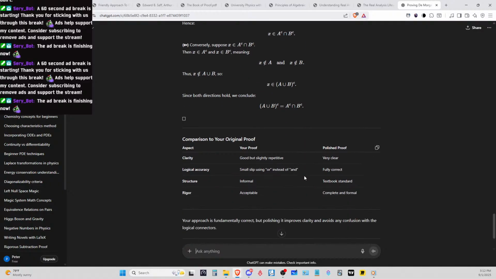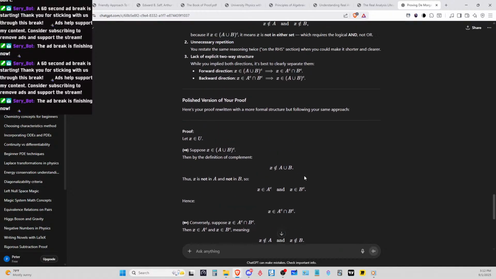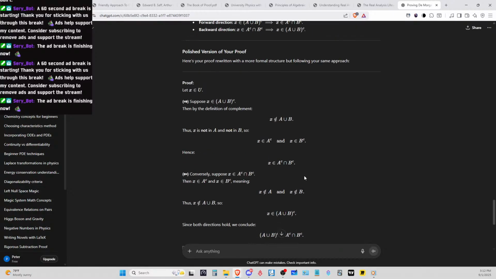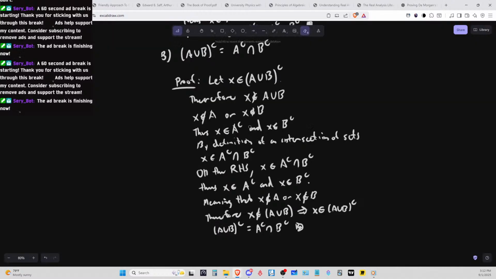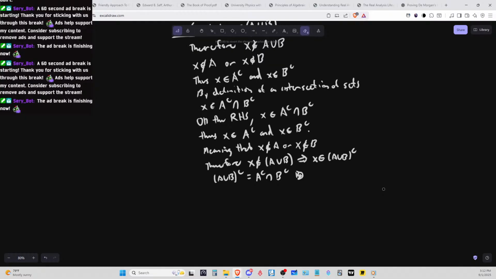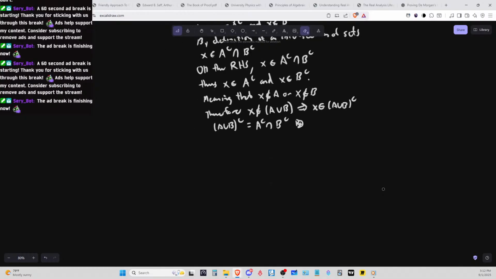Yeah, that's why proofs are very, very hard. Because for me, the way they write it is so clear and concise, but for me, it just feels like I'm writing nothing but gibberish. But, you know, that's how it be sometimes.